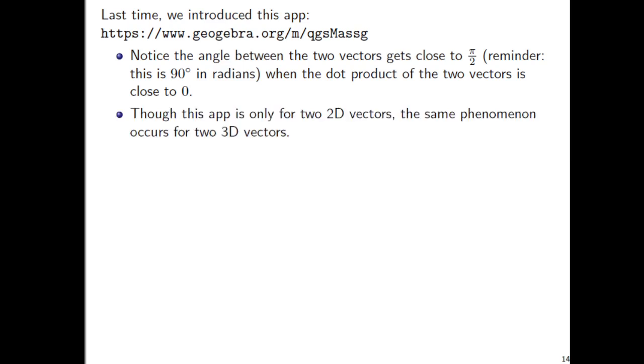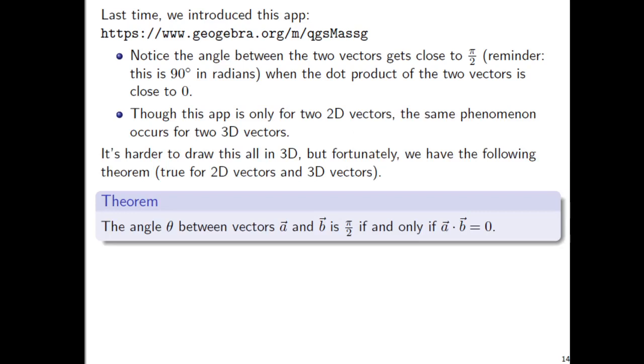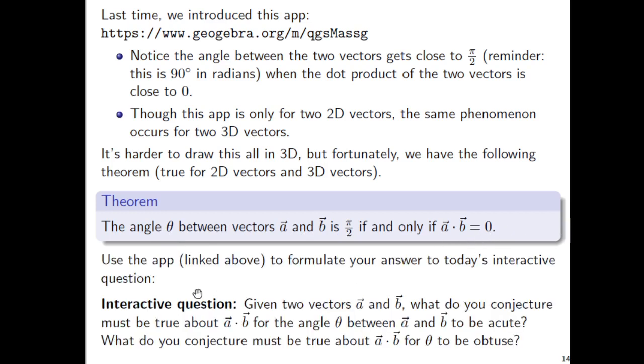Okay. So this app is only for 2D vectors, but really the same phenomenon occurs in 3D vectors. It's harder to draw all of this in three-dimensional space, but we have the following theorem which ends up being true. Let's use theta to denote the angle between two given vectors A and B. That angle theta is pi over 2 radians if and only if the dot product of the two vectors is the 0 scalar.